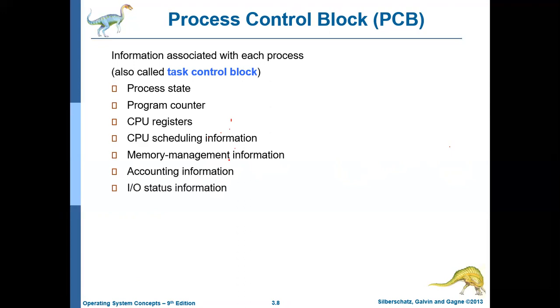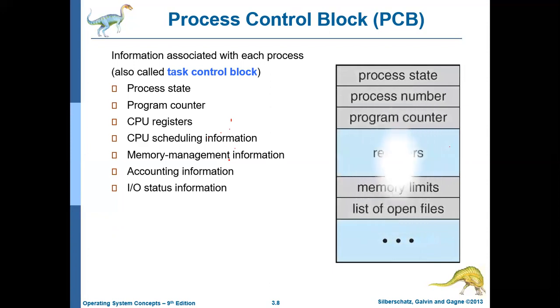And then we have something called IO status information, which includes the list of IO devices allocated to this process, and also details like the list of files this particular process can access. So this is the pictorial representation of the PCB.